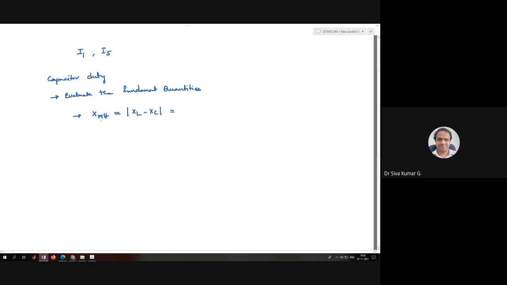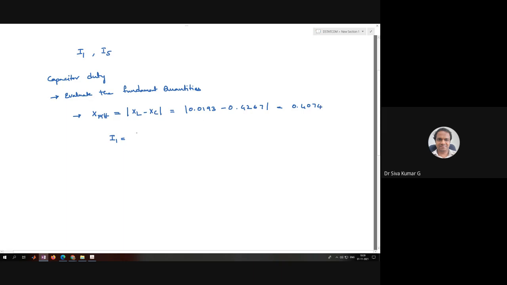We evaluate the filter reactance in order to calculate the fundamental current. By considering the modulus of 0.0193 minus 0.4267, we get the reactance equal to 0.4074.